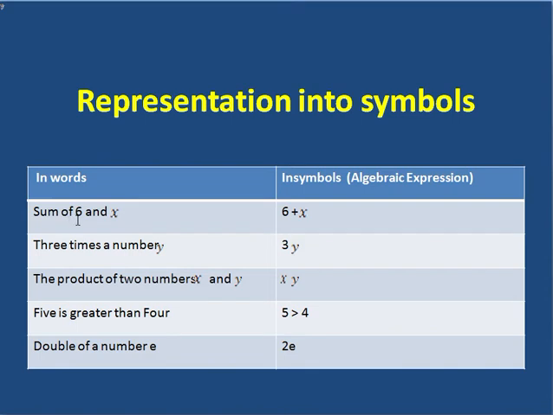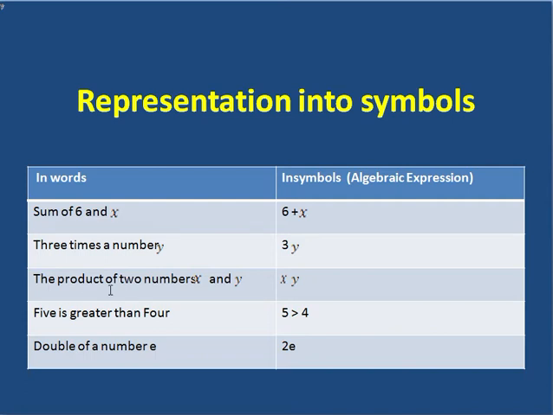That means 6, for sum we use plus, and x. 6 plus x means the sum of 6 and x. 3 times a number y. Here we have a number y, and 3 times a number means 3 is multiplied by y.